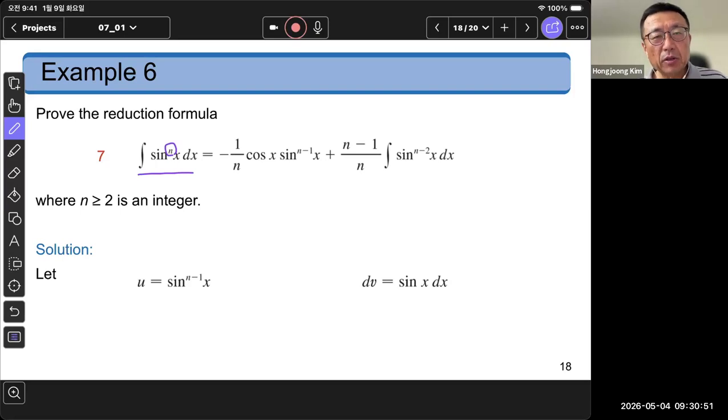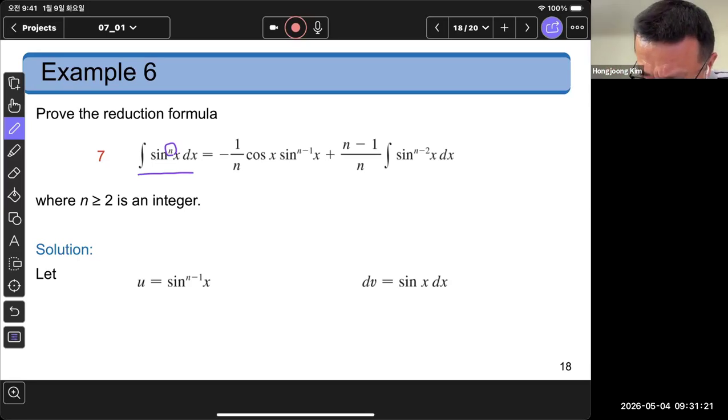What did I do in the previous example? I just considered that integrand as the integrand times 1, so that I can interpret it as a product of two functions. If you see only one function, but you believe that you need to apply the integration by parts, then you need to interpret that integrand as the integrand times number 1.